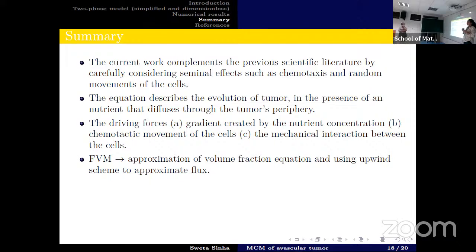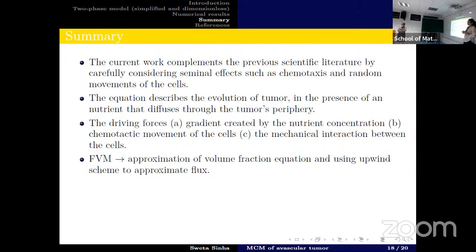This is chemotaxis, and we are not including any drug. Chemotaxis is the directional movement of tumor cells in search of nutrient concentration, which is diffusing around the boundary. Like nutrient concentration is available at the boundary.